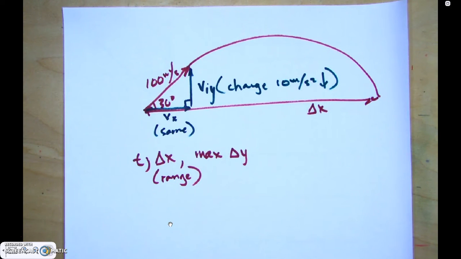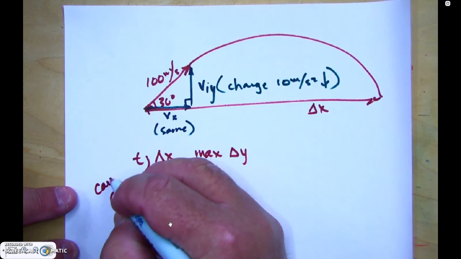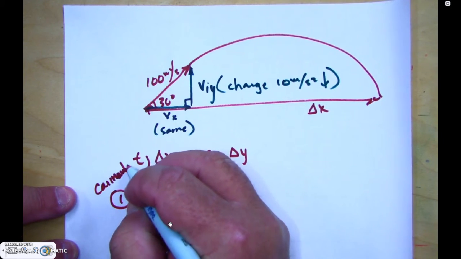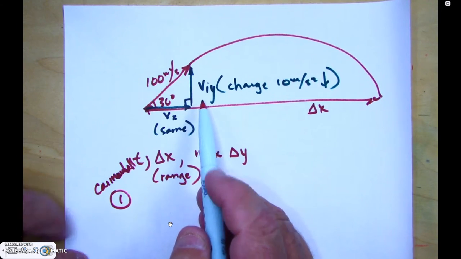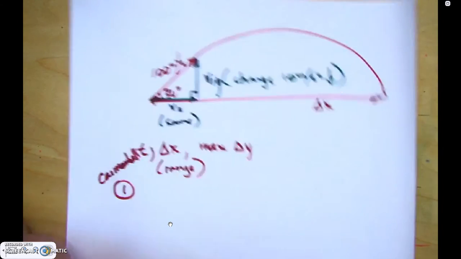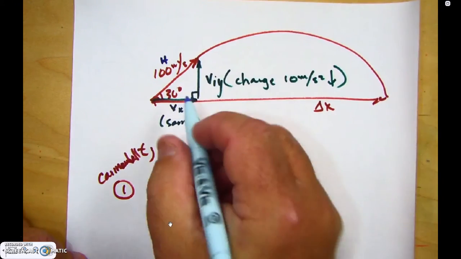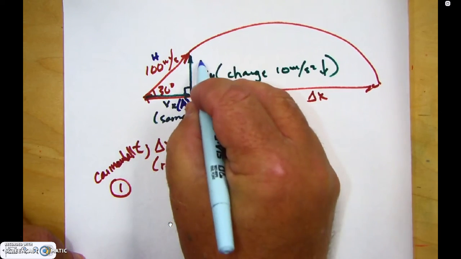Now, key thing, step 1 with a cannonball problem. Still going to use the same two equations. Step 1 with a cannonball problem is to figure out this. To do that, we have to label our triangle and use a little trig. This is the hypotenuse, this is adjacent, and this is opposite.